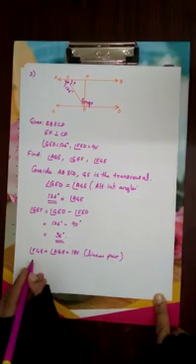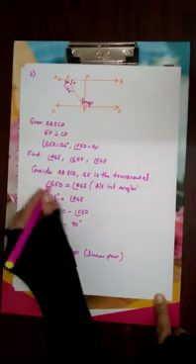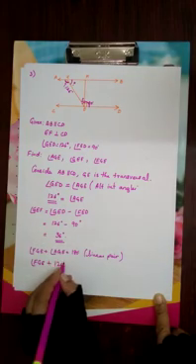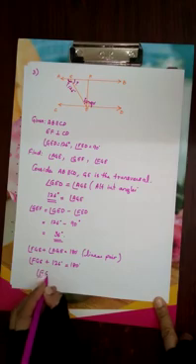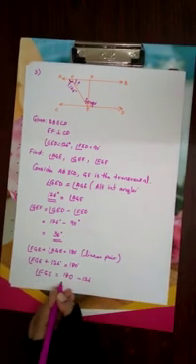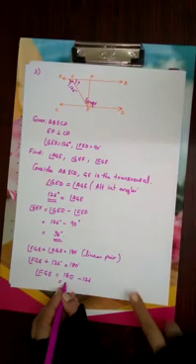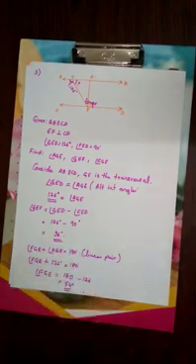We have found the value of AGE. So let us write FGE plus, what is AGE? It is 126 degrees, is equal to 180 degrees. Hence angle FGE will be nothing but 180 minus 126, which will be equal to 54 degrees. Yes children, with this we have found all the three angles.